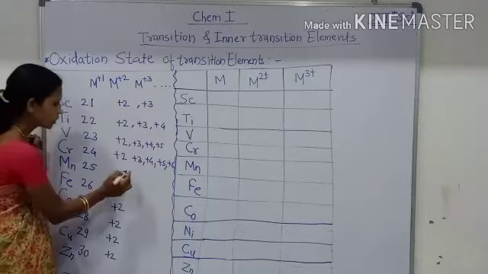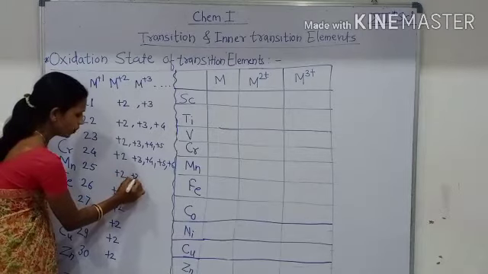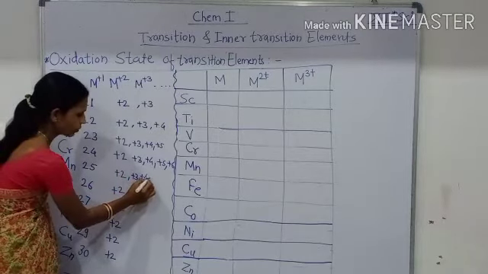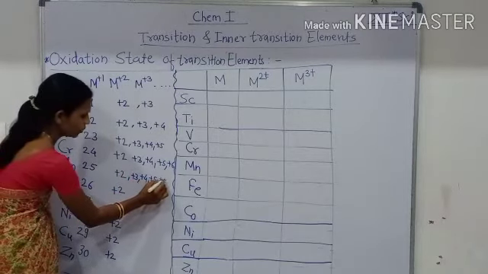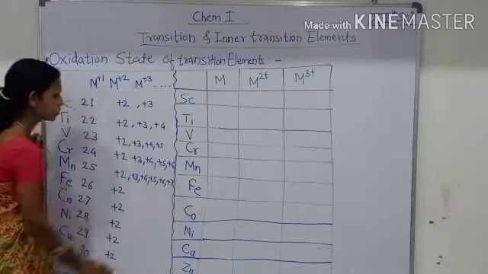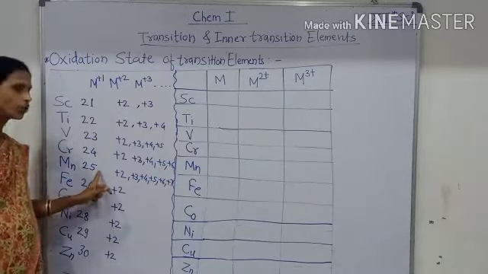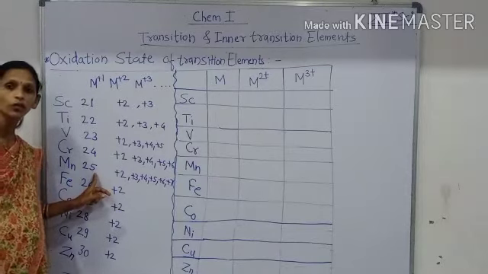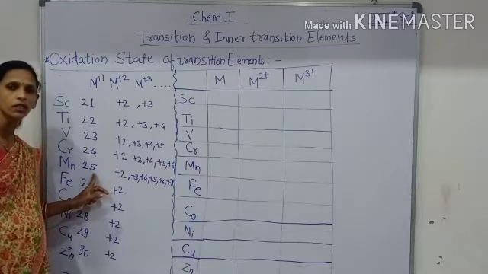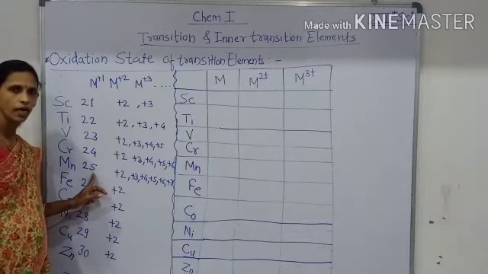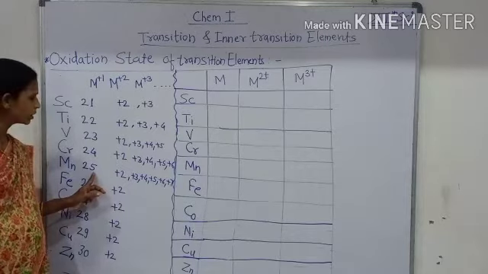And manganese shows +2, +3, +4, +5, +6 and +7 oxidation states, as it possesses 5 unpaired electrons in the 3d orbital and 2 electrons in the 4s orbital.